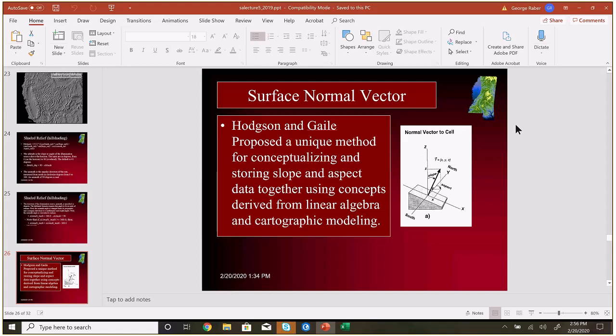Another way to think about it: if the slope was perfectly flat, the beginning of the surface normal vector would be at 0, 0, 0, and the end of the vector would be at 0, 0, 1, because it would still have the same x and y values, but the z value would be 1.